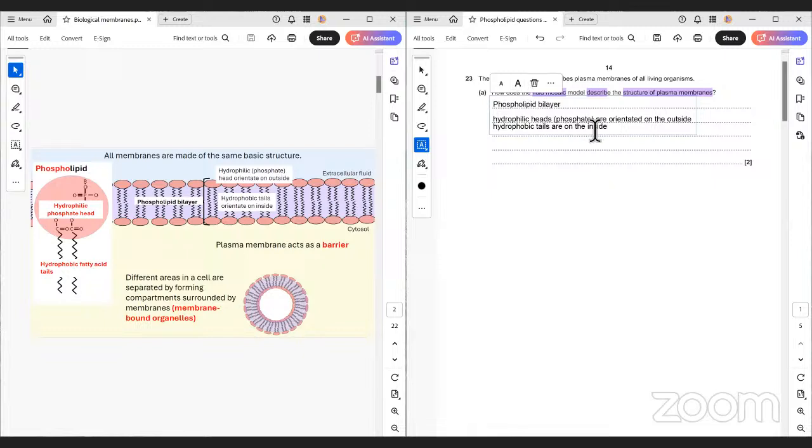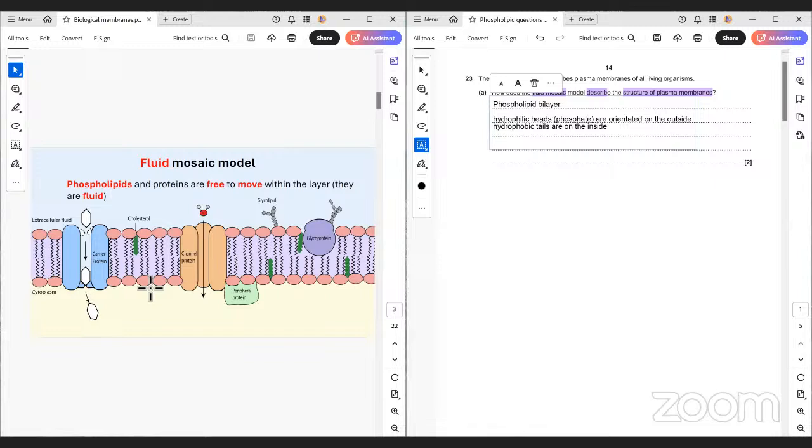But we have to remind ourselves that if we're looking at this phospholipid bilayer and the fluid mosaic model, we need to understand that we have proteins as well. The proteins are embedded in the membrane, and those proteins are free to move, as are the phospholipids. Just correct that spelling there.